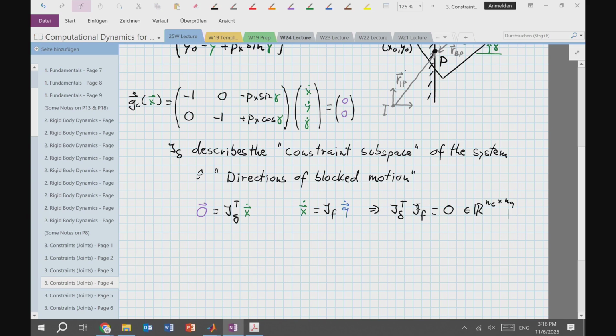What I'm writing here is basically that every column of JG is orthogonal to every column of JF. This is what I just showed you in the animation. The directions in which I can move, JF, and the directions in which I cannot move, JG, of course, should be orthogonal to each other.